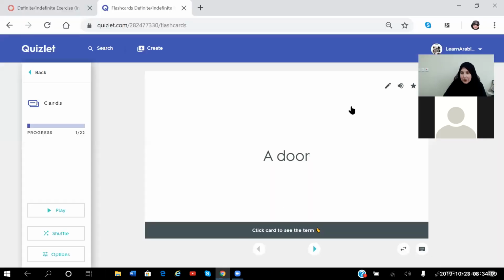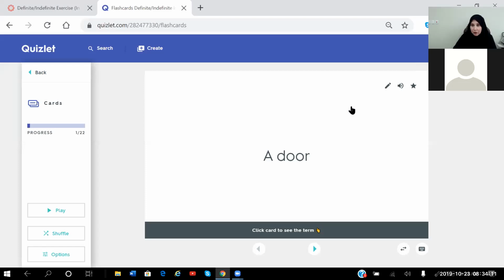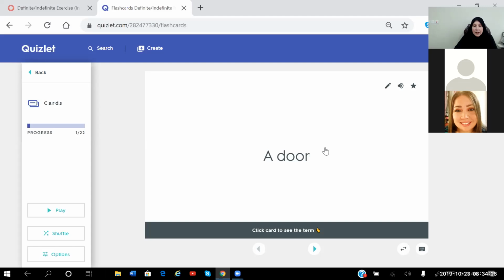Okay, and we're going to start with a little bit of review with the nouns that we did last week, but we're going to do them adding the grammar that we learned. Let me go through a couple of these with you. If we want to say a door first, Clayton, how do we say door in Arabic?